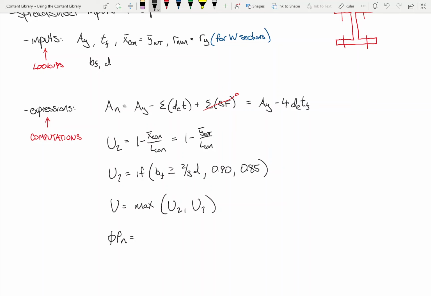How do we calculate CPN? Somebody tell me, how do we do that? How have we been doing that up until now? Solve for D is fine.